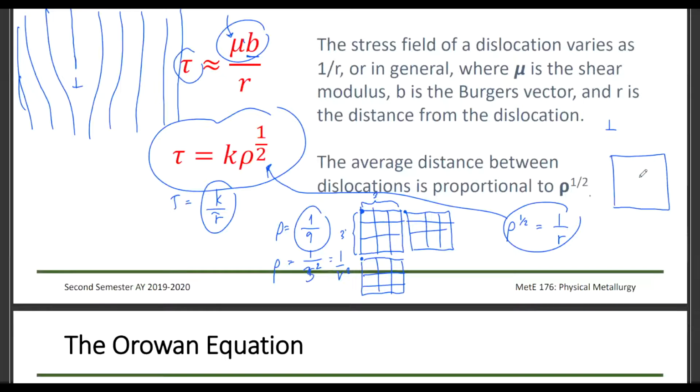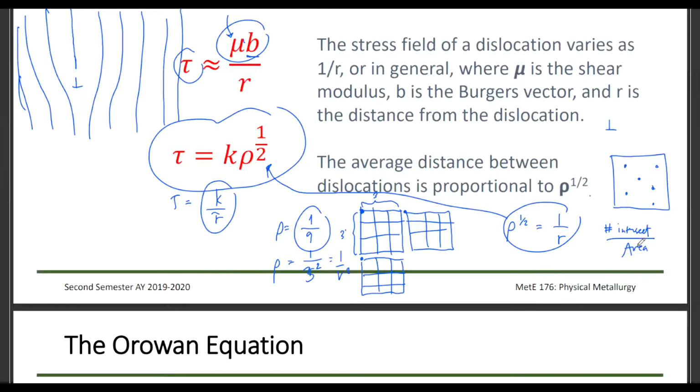So kung ilang dislocations ang nagtatraverse sa area na to, you have the number of dislocations over an area. So pwedeng number of intersections over area. That's one way to measure dislocation.